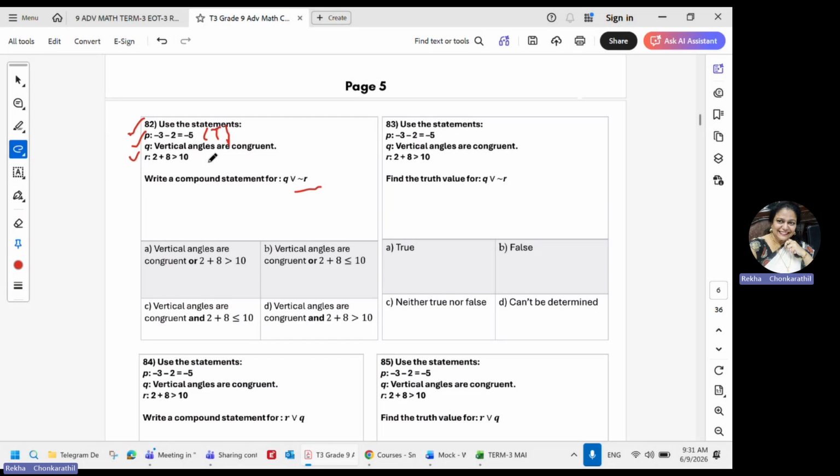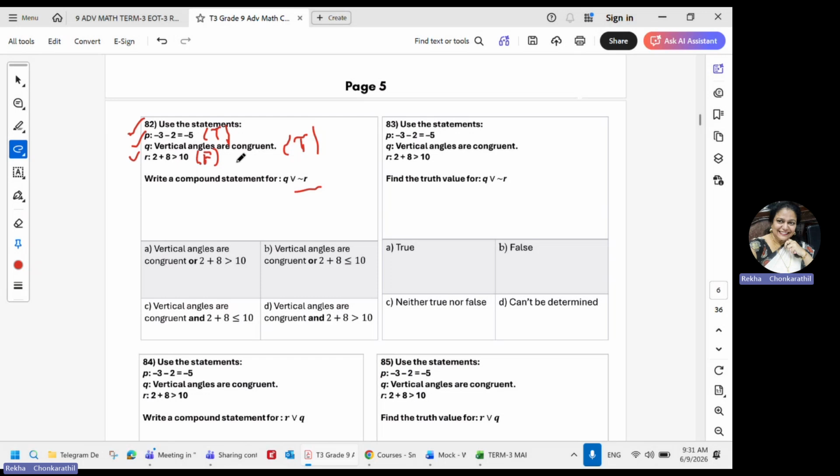Let's see statement Q. Vertical angles are congruent. Yes, this is also true. So statement Q is also true. What is statement R given? 2 plus 8 is greater than 10. No, it's not greater than 10. So we don't write greater than 10. Instead, we can write less than or equal to, or we can say not greater than. That will be true.